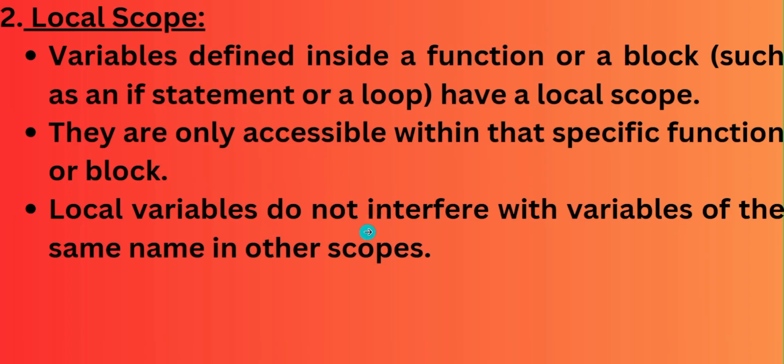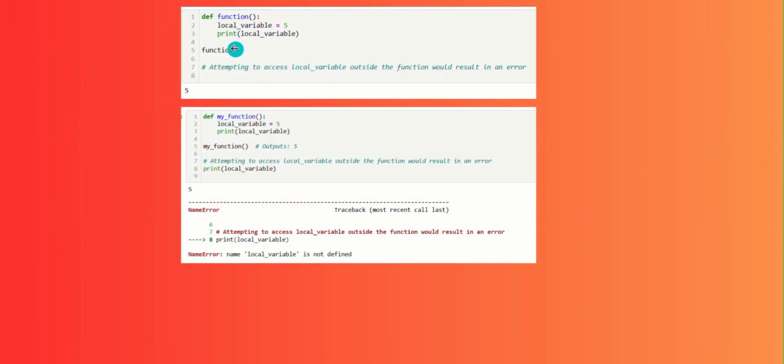Next, local scope. These are variables defined inside a function or block. They are accessible within that specific block. You can't use them like a global scope. Example, I have a function. In the second line, I am declaring a variable called local_variable, which is assigned the value 5. In line 3, I am printing this variable.